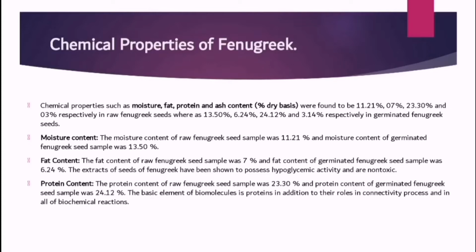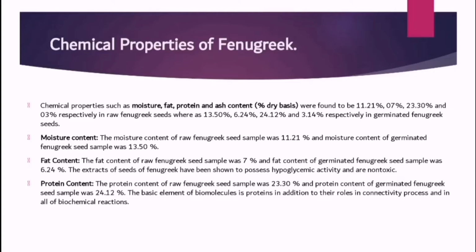The moisture content of the raw fenugreek seed sample was 11.21%, and the moisture content of the germinated fenugreek seed sample was 13.50%. The fat content of the fenugreek seed sample was 7%, and the fat content of the germinated fenugreek seed sample was 6.24%. The extracts of seeds of fenugreek have been shown to possess a hypoglycemic activity and are non-toxic.